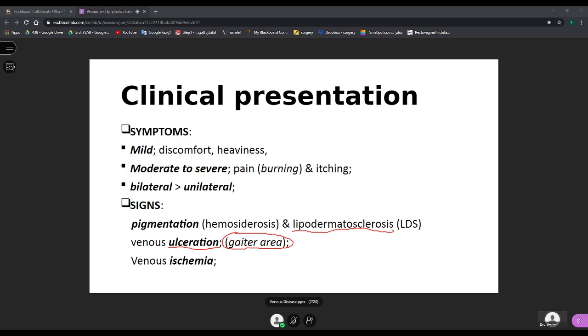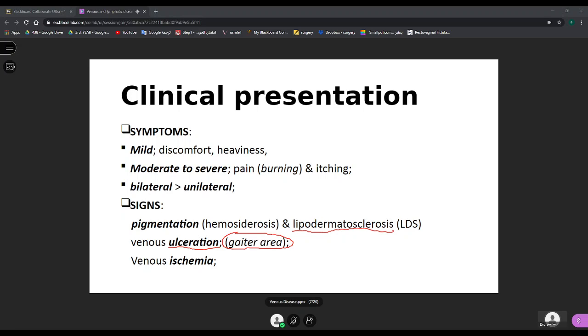We have already talked in previous sessions and other lectures about the characteristic features of venous ulcers on examination, and I think we don't need to repeat that now. When you get swelling of the lower limb, particularly when this swelling is massive, it will impede even the arterial blood flow into the lower limb.